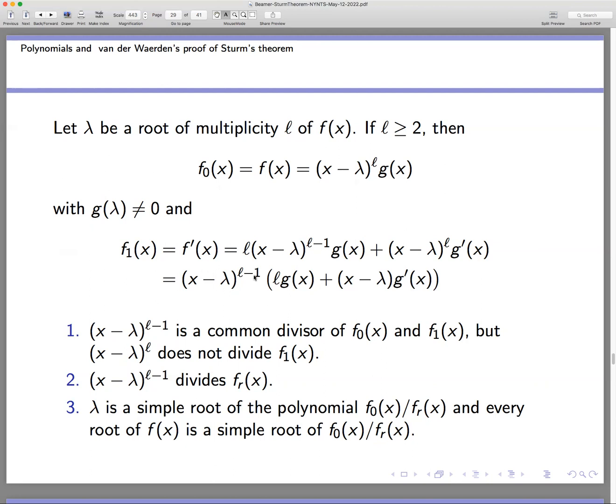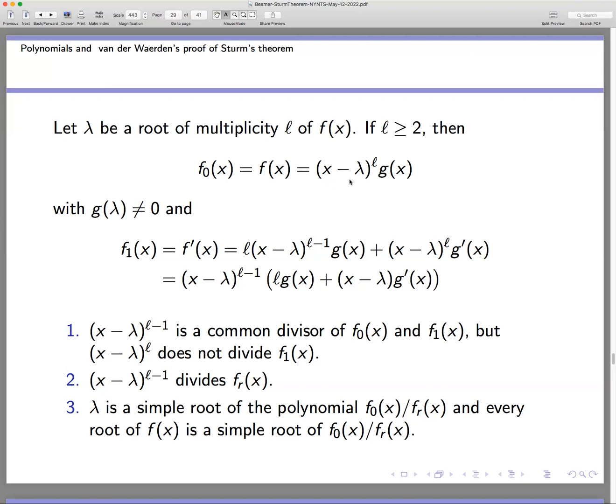So (x minus lambda) to the L minus 1 divides f sub r of x. That's the greatest common divisor of the function and its derivative. That is the greatest common divisor of f naught and f1. And if I were to take this greatest common divisor, f sub r of x, and divide f naught of x by it, lambda will be a simple root of this, because here's my f naught, and I'm dividing out by something which is (x minus lambda) to the L minus 1.